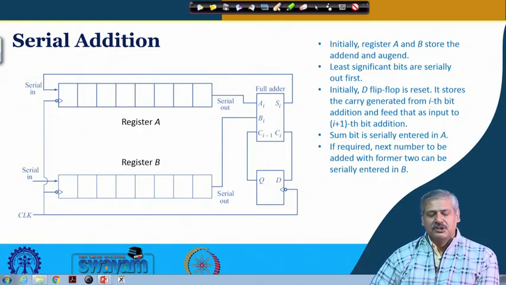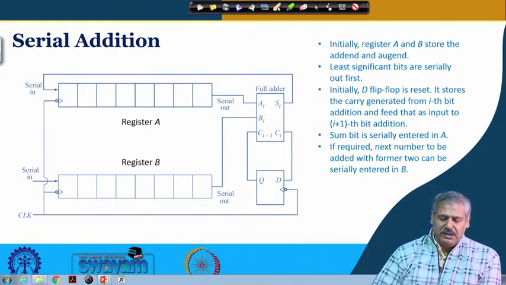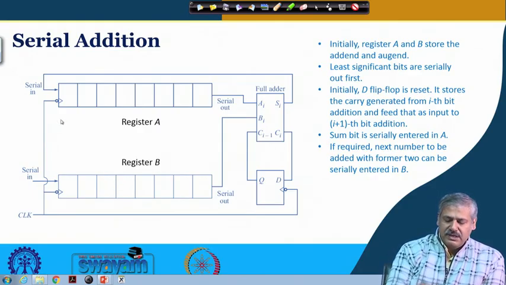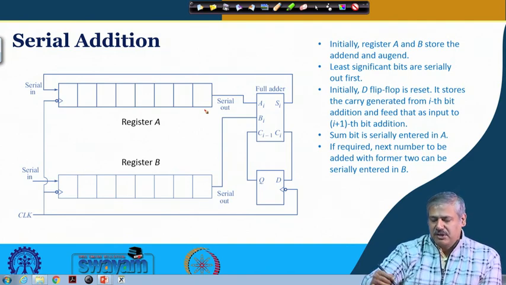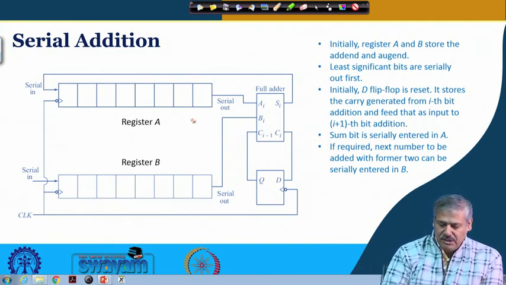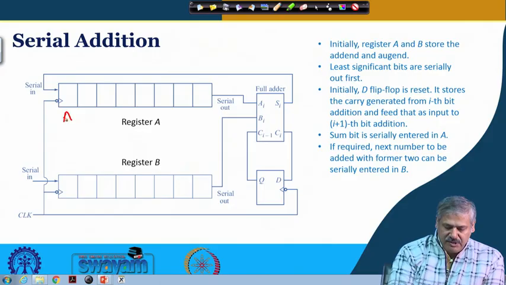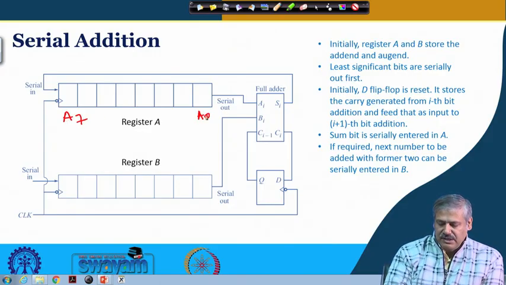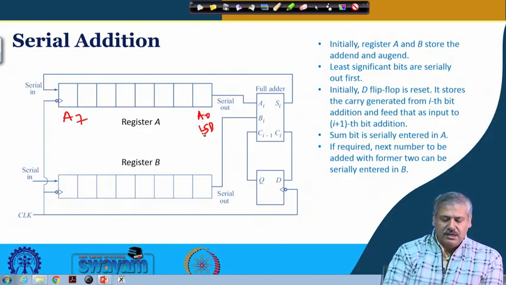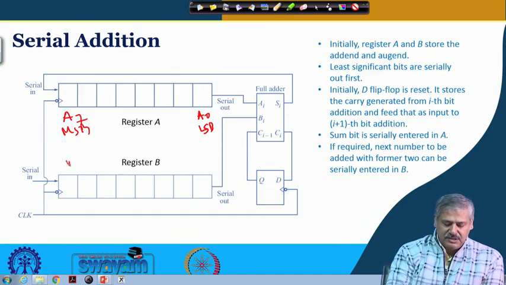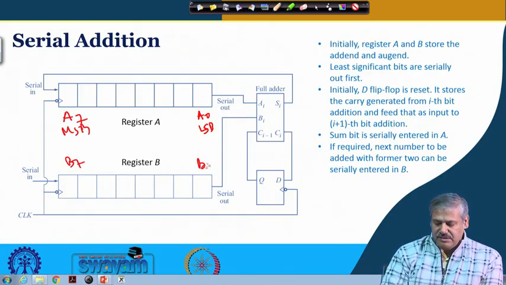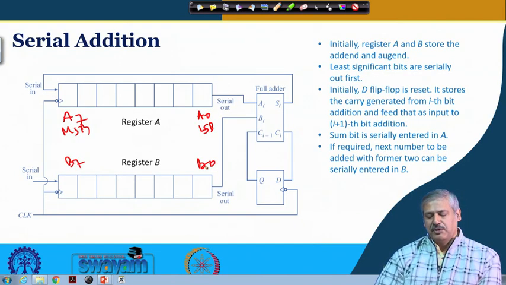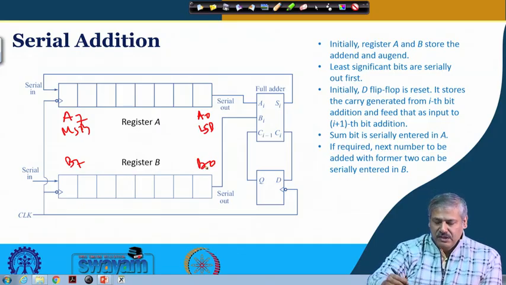The way it is put, the most significant bit is on this side and the least significant bit is on the other side. So, if it is A7, then this is A0. This is the LSB and this is the MSB. Similarly, this is B7 and this is B0. This is the way it is initially put.